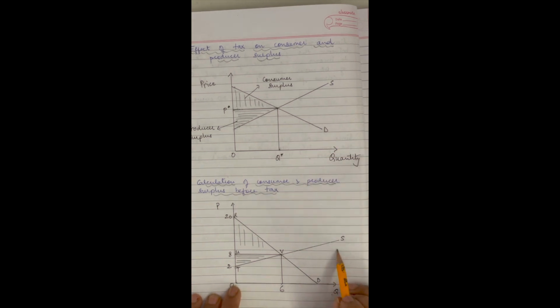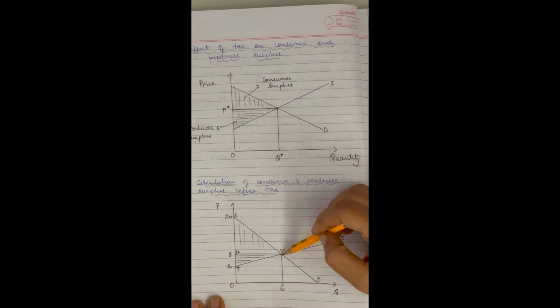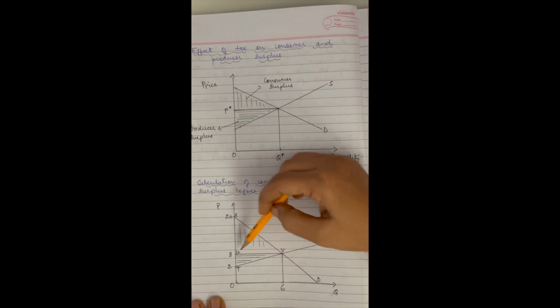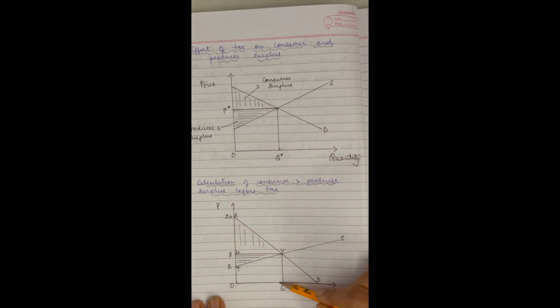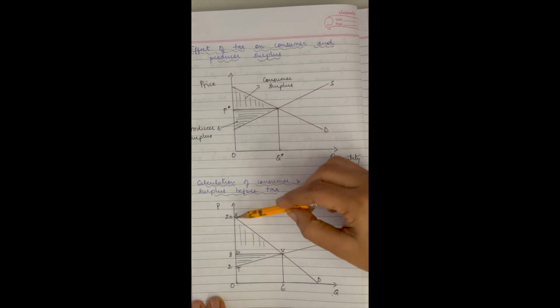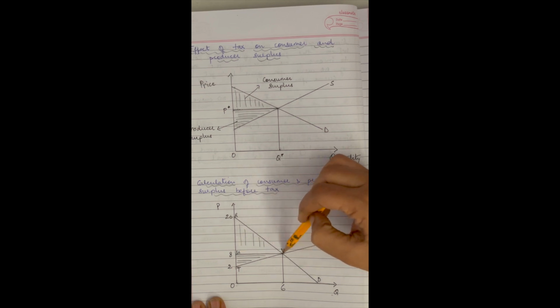And where my supply curve intersects the y-axis, I have taken that as 2. Where they intersect, that's my equilibrium. So my equilibrium price is 8 and my equilibrium quantity is 6. As explained above, the area above the equilibrium price and below my demand curve, this triangle, gives me my consumer surplus.